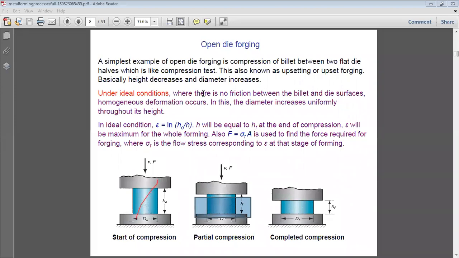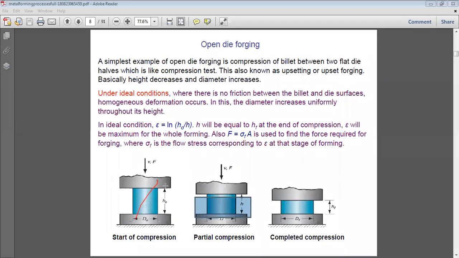So under ideal conditions, when there is no friction between the billet and the die surfaces, homogeneous deformation occurs. This is the ideal condition, when there is no friction. Clear? Because when the billet has to be forged down like this, its movement will be resisted by friction.